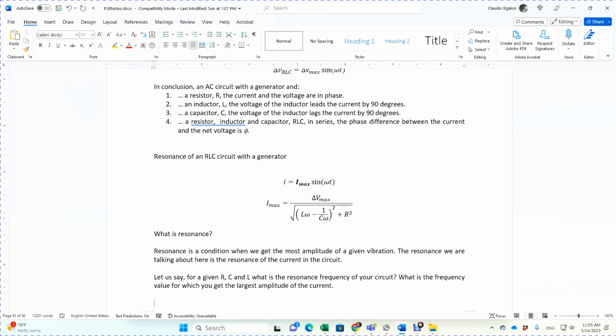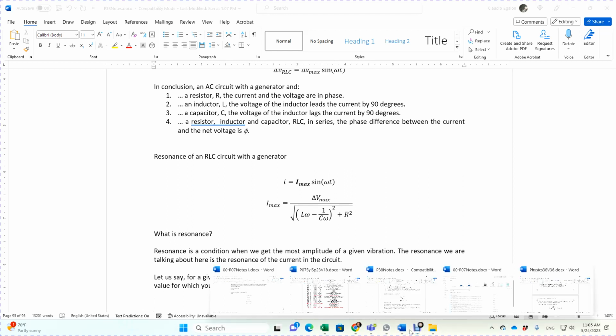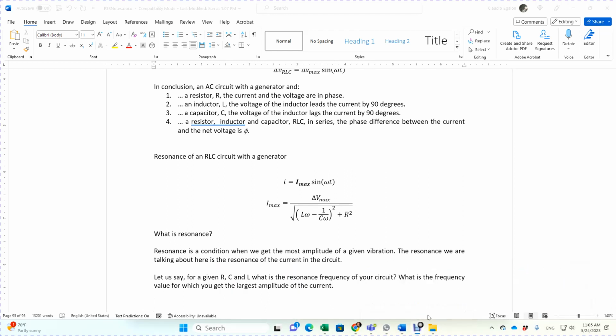We are going to do that because there are very important practical consequences for finding this relation. This problem of resonance is just a problem of maximizing the current Imax with respect to omega. Delta Vmax is constant because you adjust that in your generator.